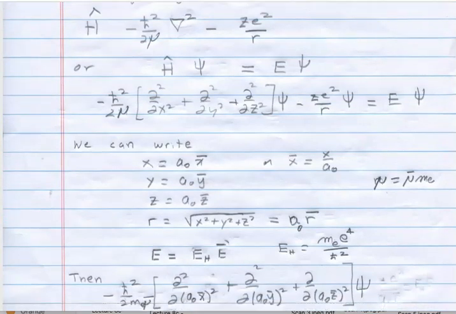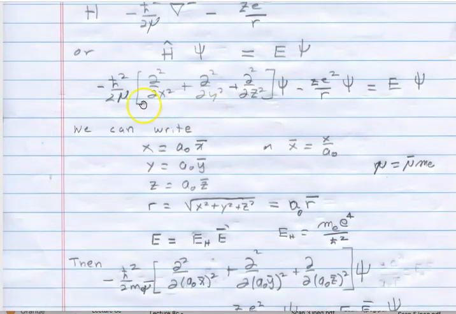Well, if I plug all of those into this equation up here, I get this. So for mu, I substitute mu bar times m e. For x, I substitute a naught x bar. For y, I substitute a naught y bar. For z, a naught z bar.